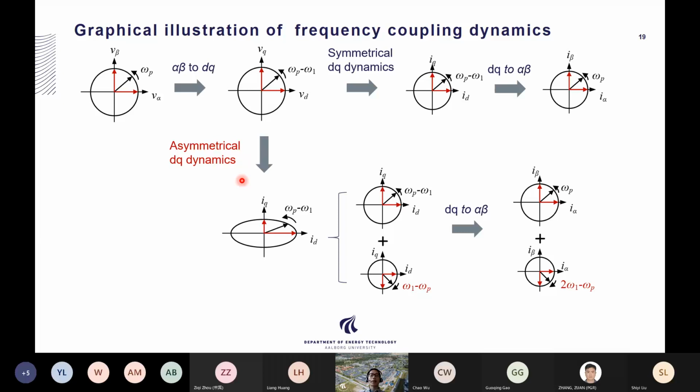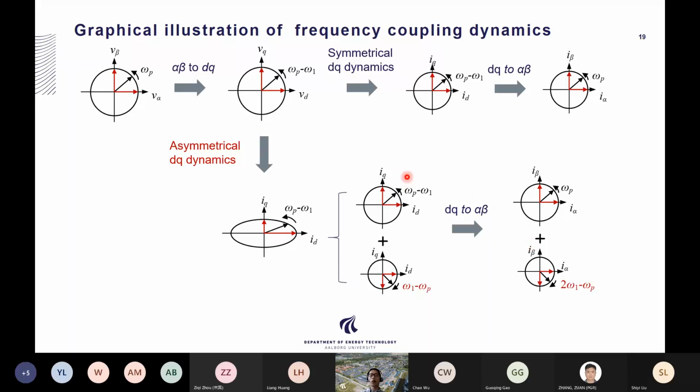So you can see that if the converter control adopts the asymmetrical DQ control dynamics, which is always the case in practice, as long as you inject the voltage perturbation at frequency omega p, you end up with the current response with two frequencies.